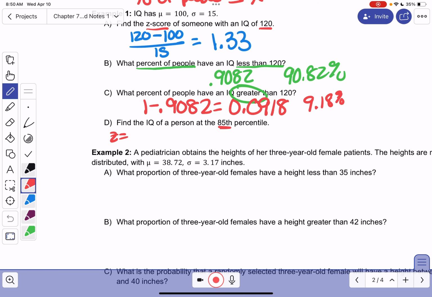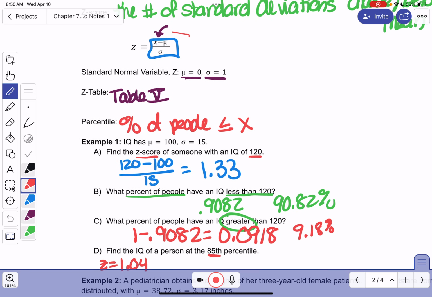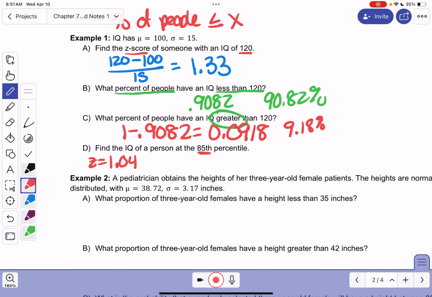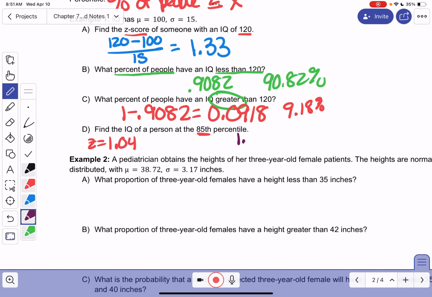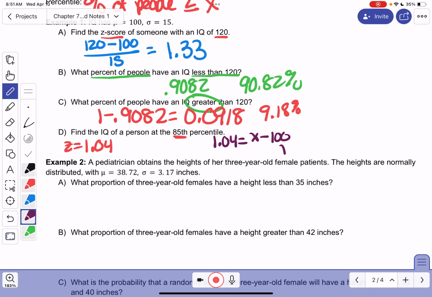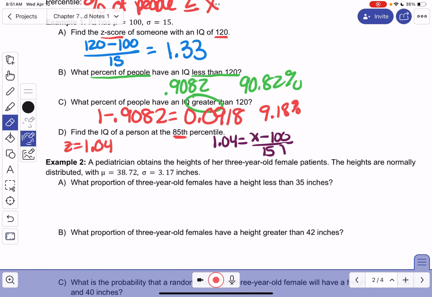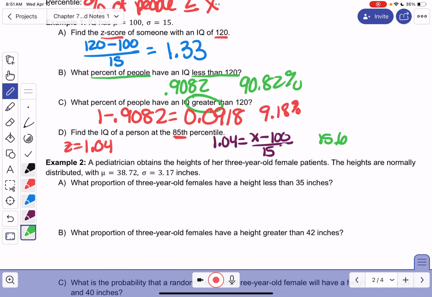So z equals 1.04. Now we're going to plug it into this equation and solve for x. So 1.04 equals x minus the mean over the standard deviation. So to get rid of that fraction, we multiply both sides by 15, and we get 15.6 equals x minus 100.